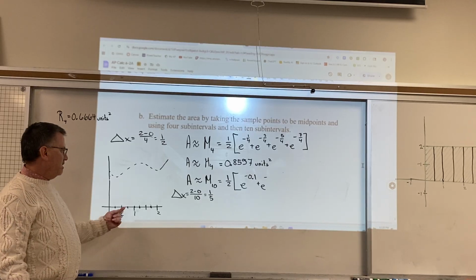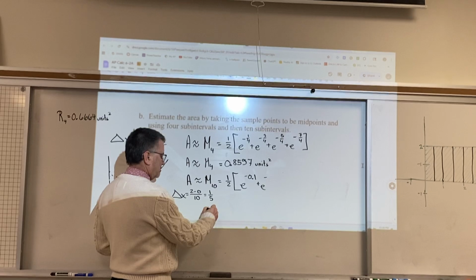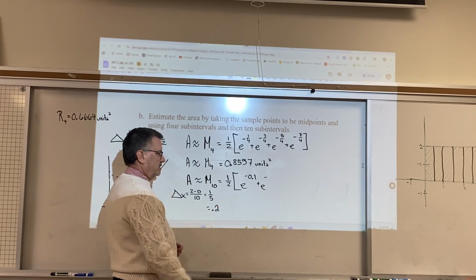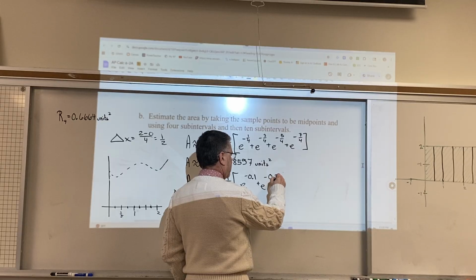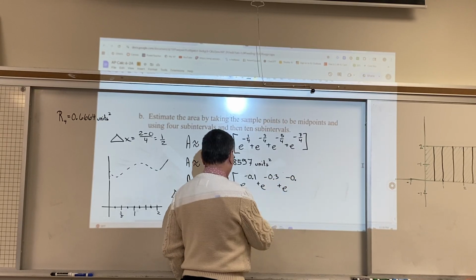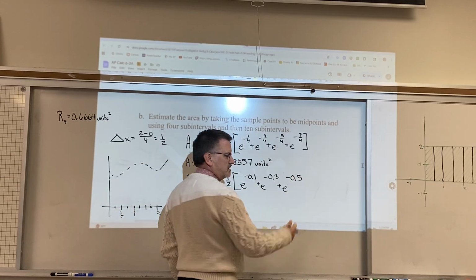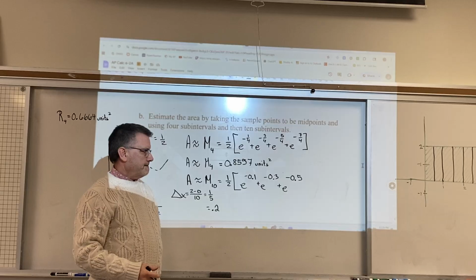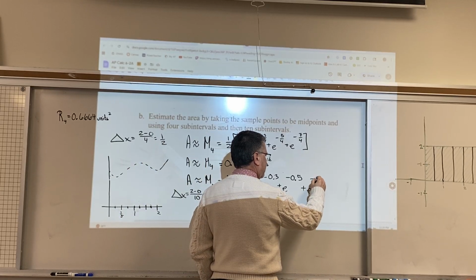Yeah, it's gonna be 1/5 away from that, which is, we're doing decimals, 0.2. So add 0.2 to that, negative 0.3 plus e to the negative, add another width, 0.5. That's why we want the same width every time. Plus e to the negative 0.7.